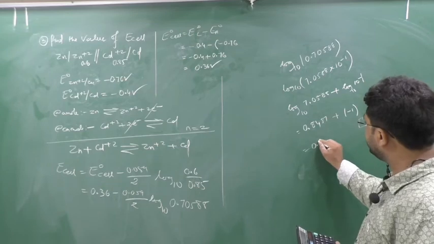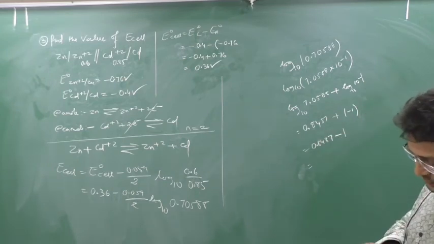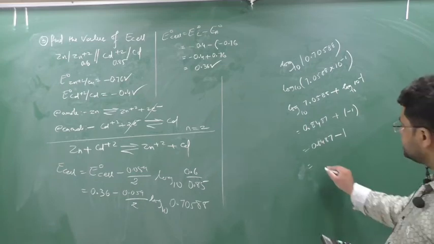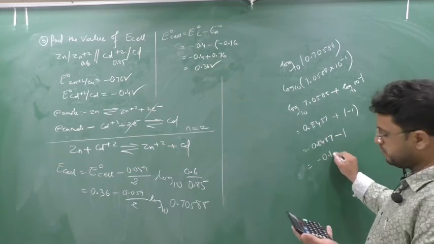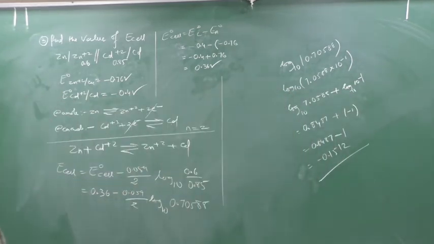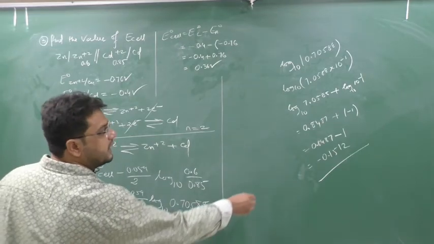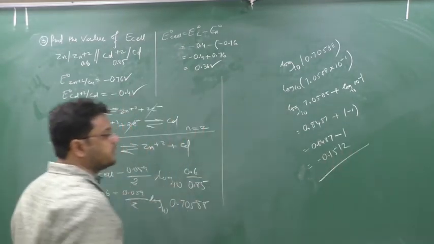So 0.8487 minus 1. So here minus 1. So the answer will be minus 0.1512. So this will be your answer, minus 0.15125. Clear? So log 0.70588, the answer will be minus 0.1512.